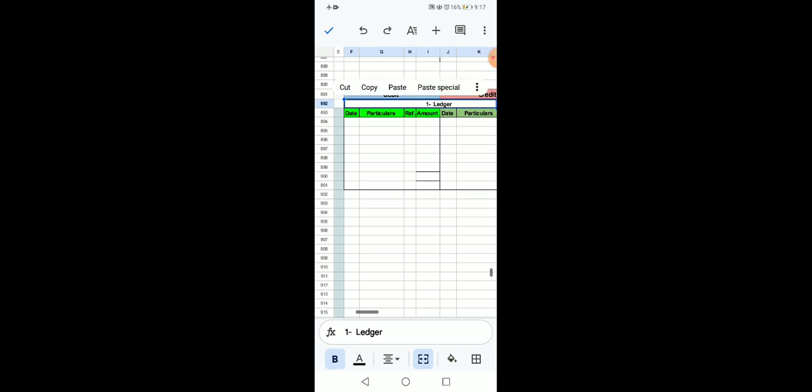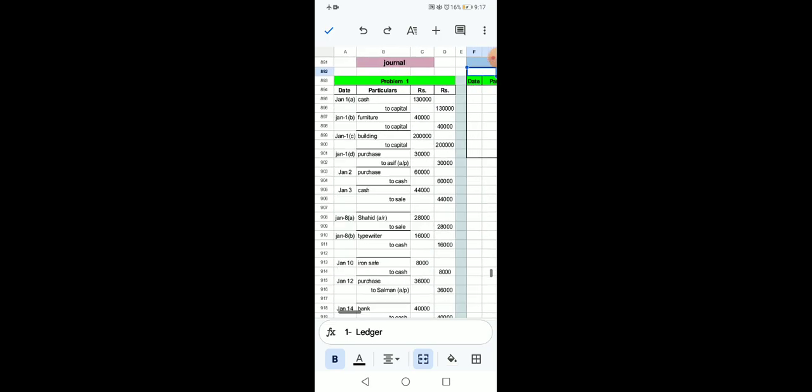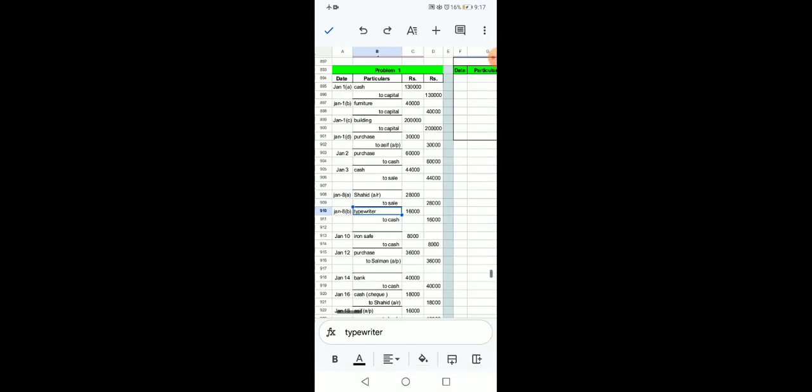The rule is very simple. For the ledger which we are making, we will look for that title in these journal entries. Suppose you are making the cash ledger, you will seek where cash is present in the journal entries, and then, as you are making the cash ledger, you will see if cash is debit, you will choose the debit side.